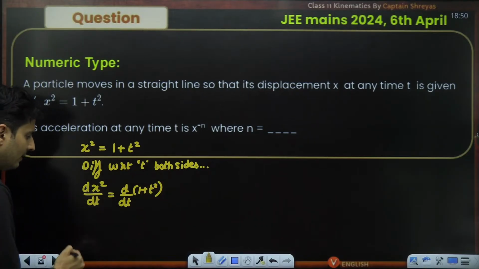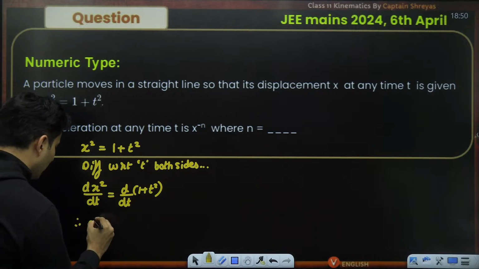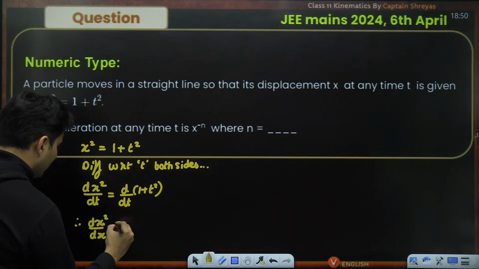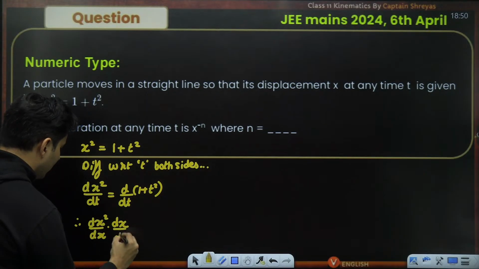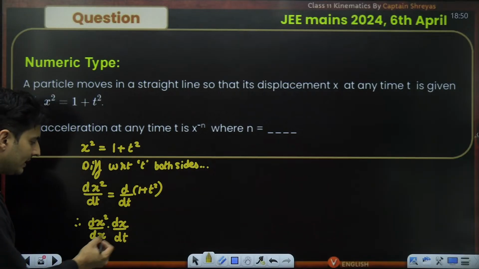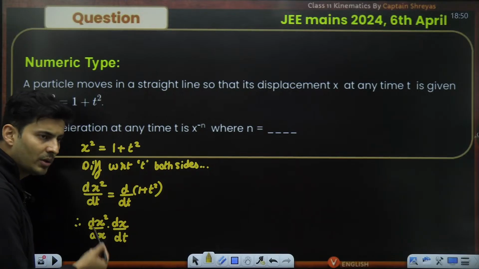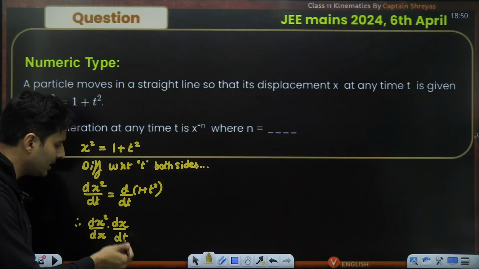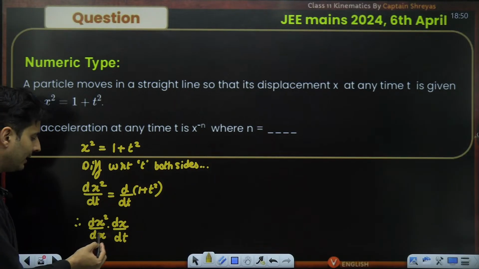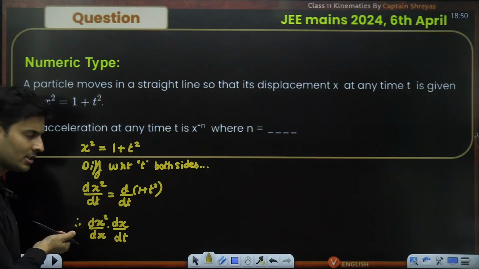Ideally, I cannot take the derivative directly, so I have to use chain rule. So I will write it as dx square by dx into dx by dt. If you notice, dx and dx get cancelled. This is nothing but called the chain rule of derivatives. You form a chain. At the end of the day, when dx cancels, you will get back this relationship.